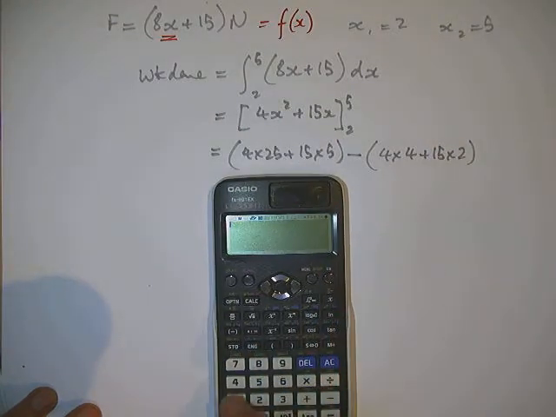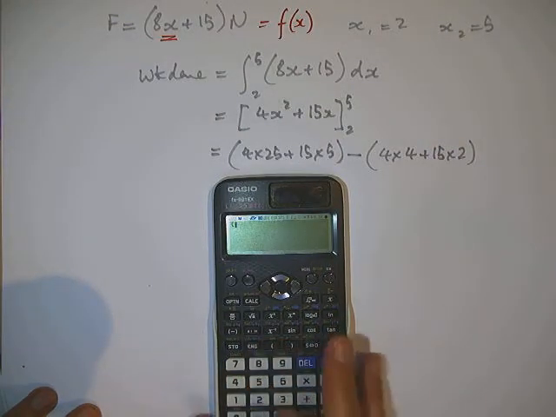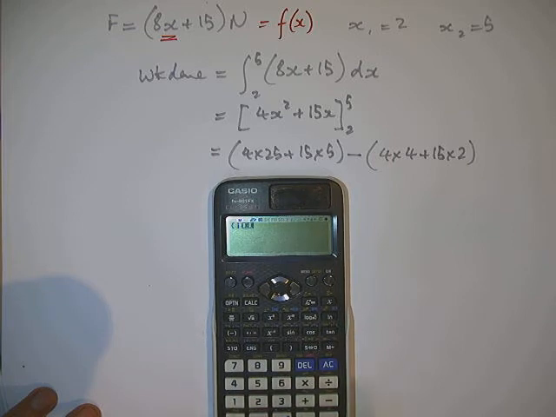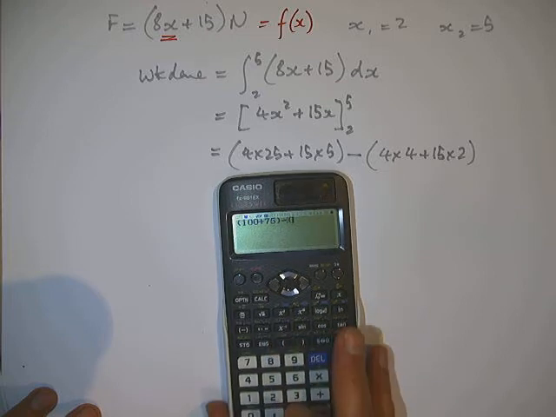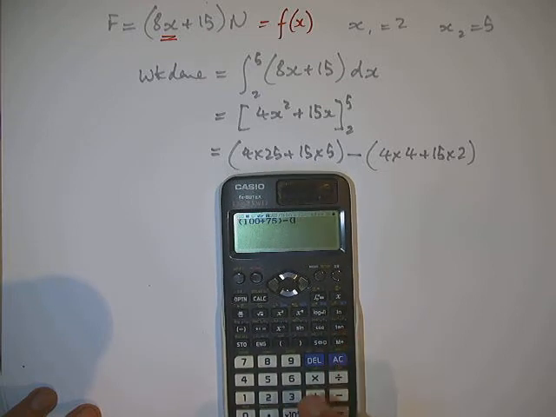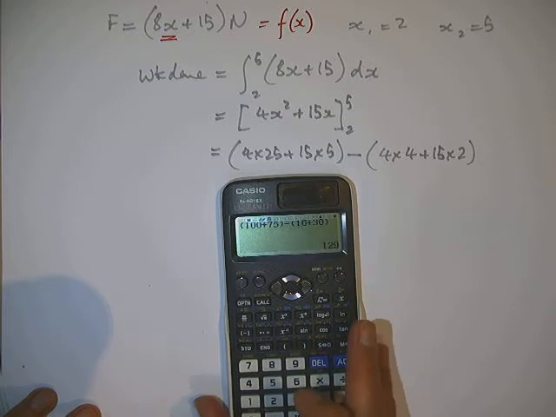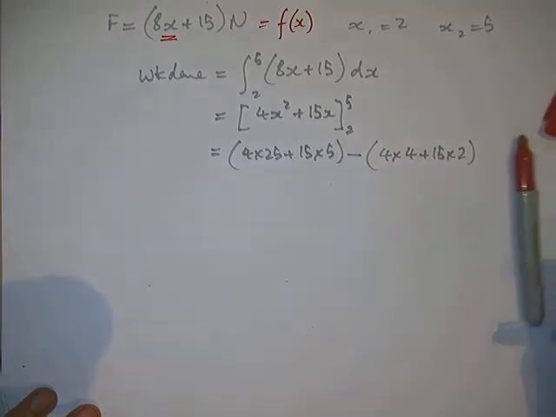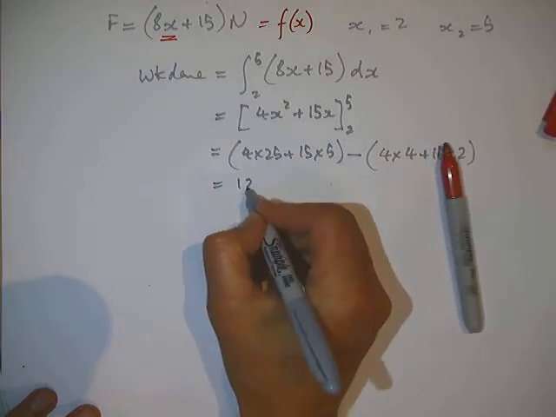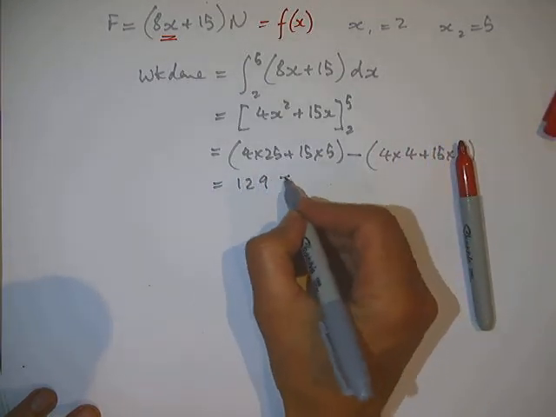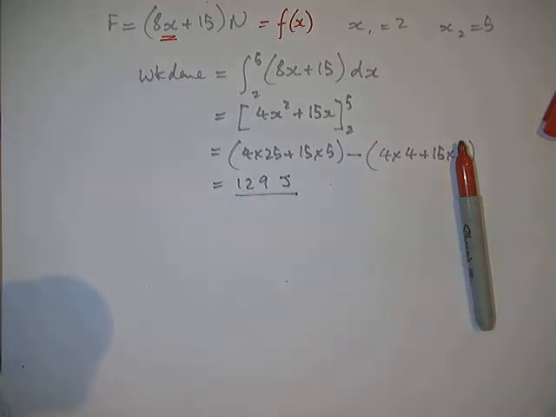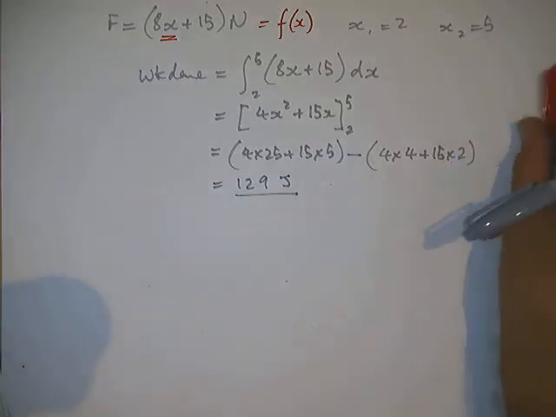Let's do all that in one go. So that's 100 plus 75, take 16 plus 30. That's 129 joules. Okay, so that's the first example.